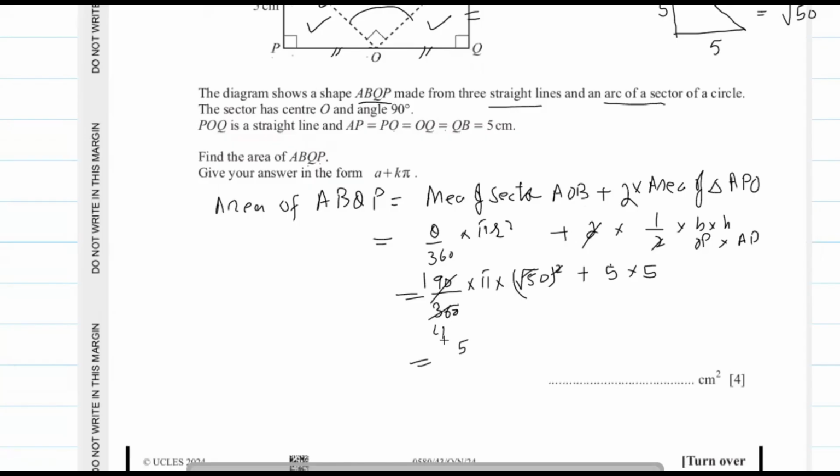Therefore we write 50 over 4 pi plus 25, and we can write this 2 times 2 is 4, 2 times 25 is 50. Therefore, this value will be equal to 25 plus 25 over 2 pi. This is the area, and we have to calculate the area in this form, A plus K pi, and this A is 25, K is 25 over 2, and this is the answer.